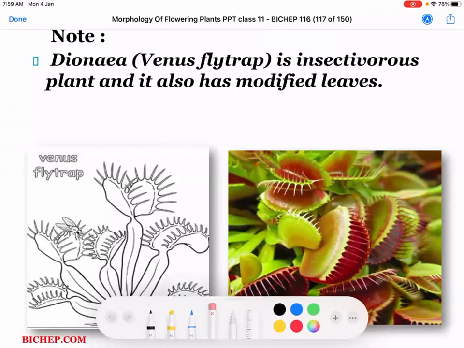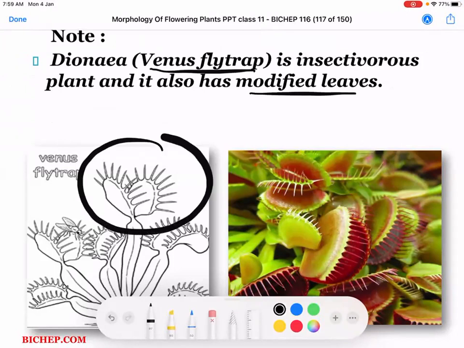Now, a very special modification in an insectivorous plant, Venus flytrap. Modified leaves act as a trap. When an insect falls here, they have a very specialized thick waxy substance, liquid inside.